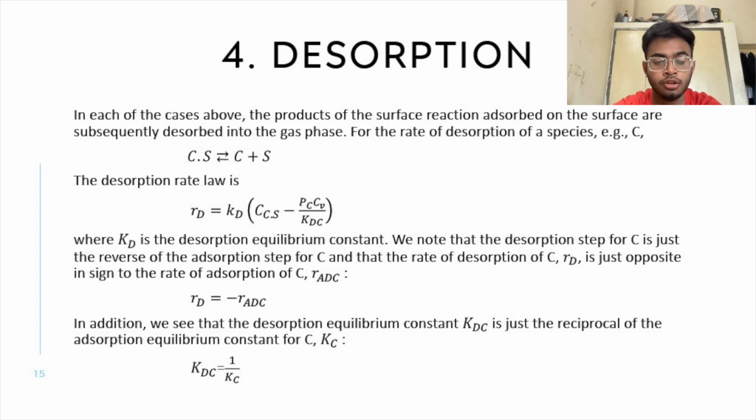We note that the desorption step for C is just the reverse of the adsorption step for C, and that the rate of desorption of C, RD, is just the opposite in sign to the rate of adsorption of C. Therefore, the rate of desorption of A is equal to minus the rate of adsorption of A, and therefore we can also say that the desorption equilibrium constant is just the reciprocal of the adsorption equilibrium constant.